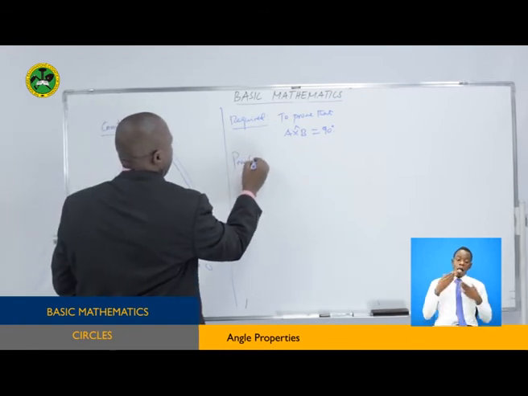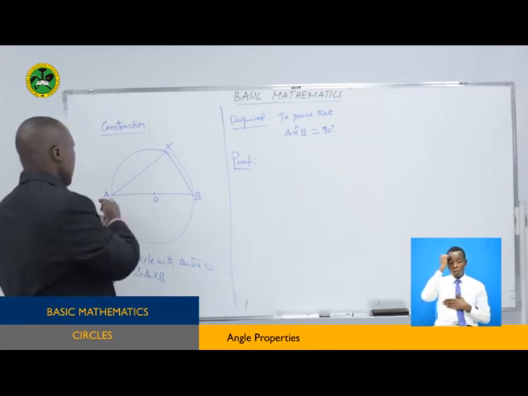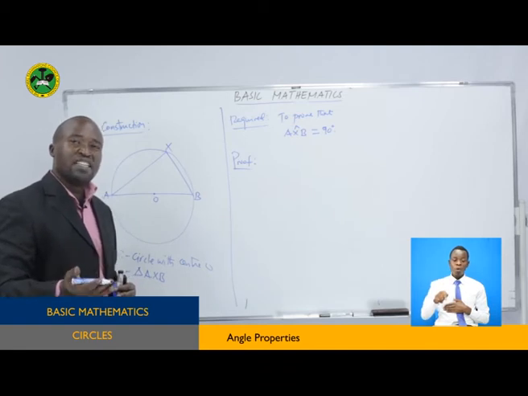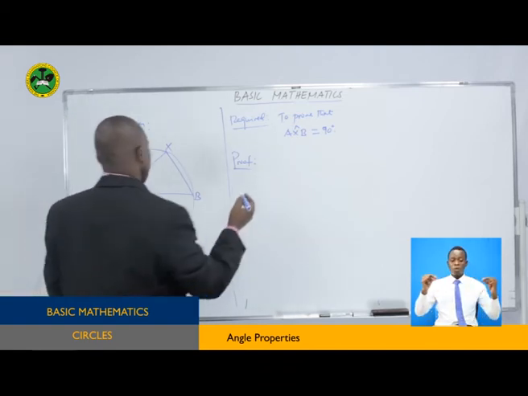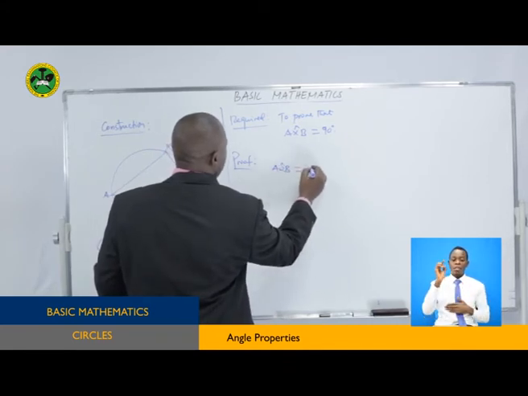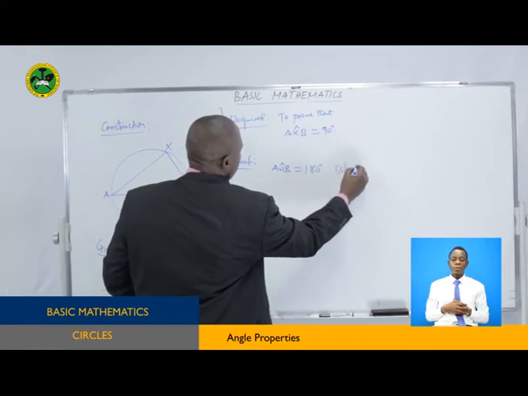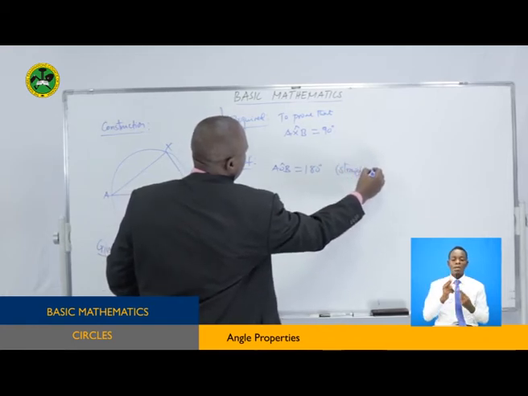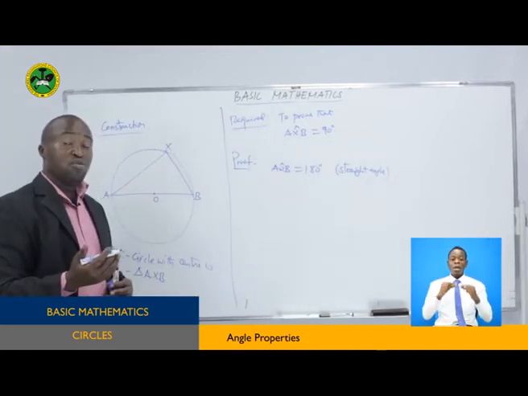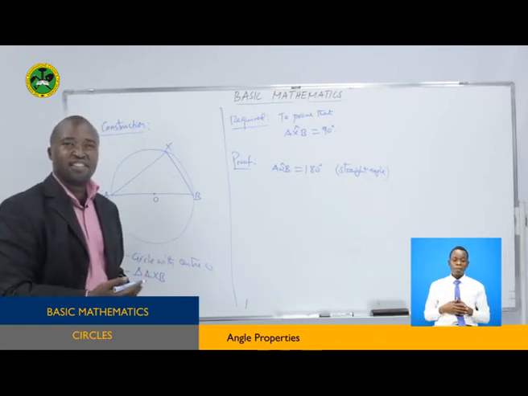Now, our proof is as follows. Now remember, angle AOB is a straight angle, which is equal to 180 degrees. So here we say AOB is equal to 180 degrees. Of course, this is a straight angle. But also students, angle to the center is double angle to the circumference.